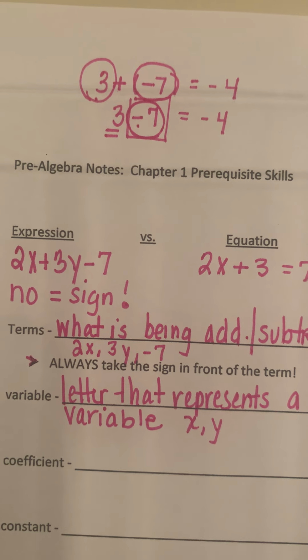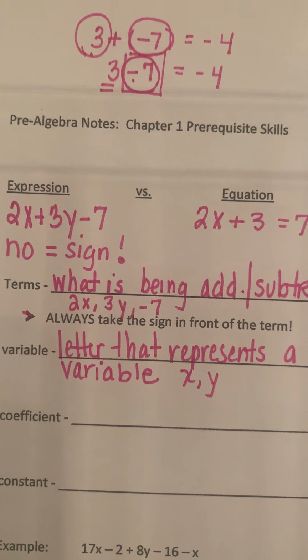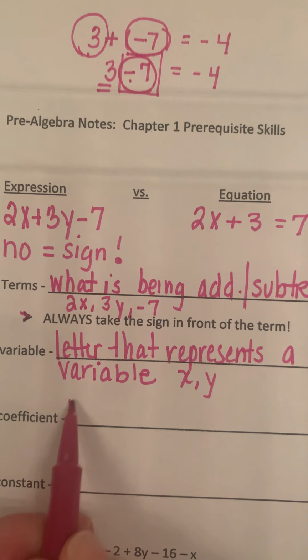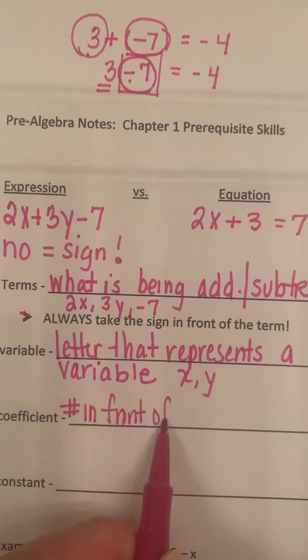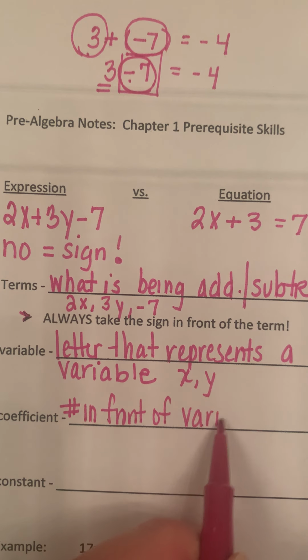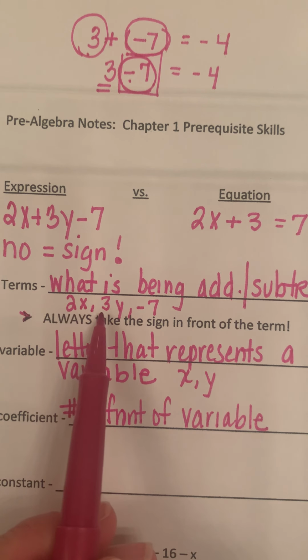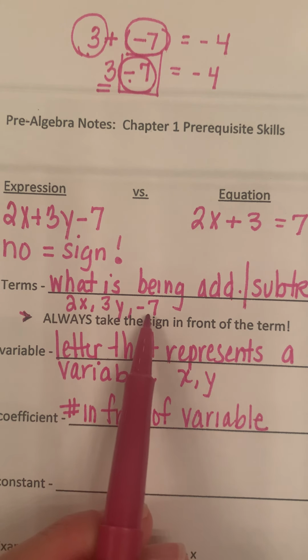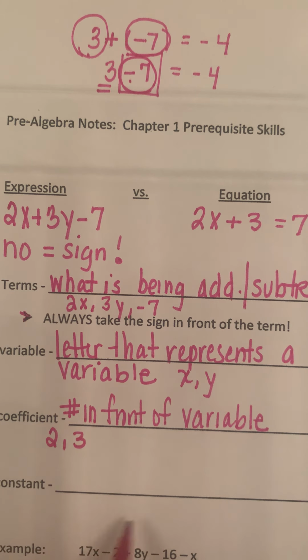Coefficient is another term we'll talk about, especially when we talk about combining like terms. Your coefficient is the number in front of the variable. If you look at our 3 terms up here, 2x, 3y, and -7, our coefficients would be 2, 3, and that's it.